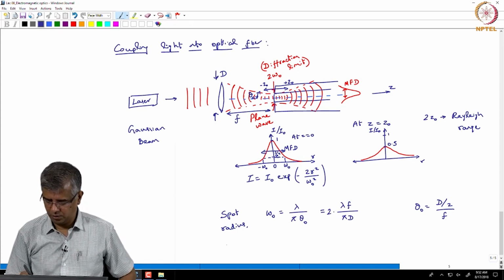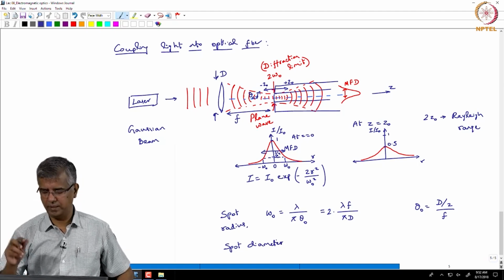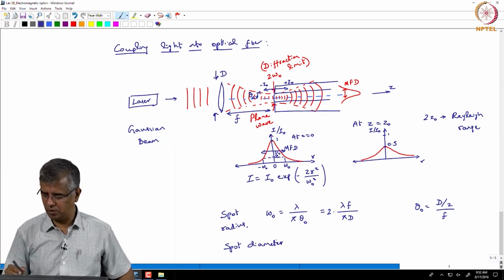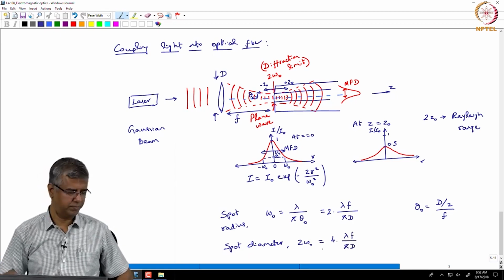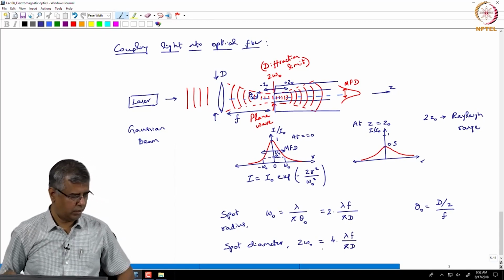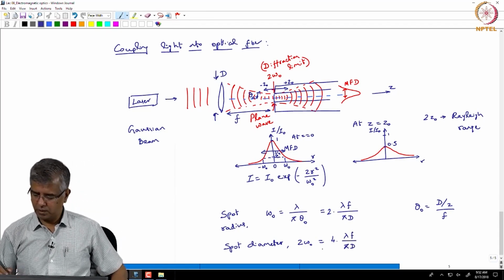If you are talking about the spot diameter, which we are typically interested in, or the diameter which we want to match to the mode field diameter of the fiber, that is going to be given by 2 times W naught, which is 4 times lambda f over pi times d. So what does that tell you?